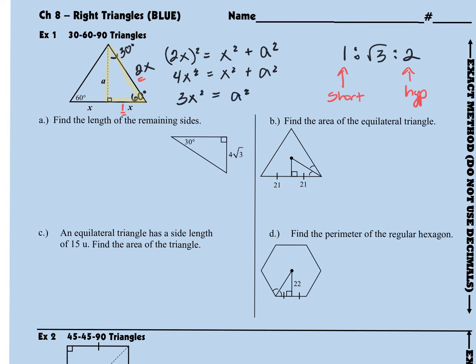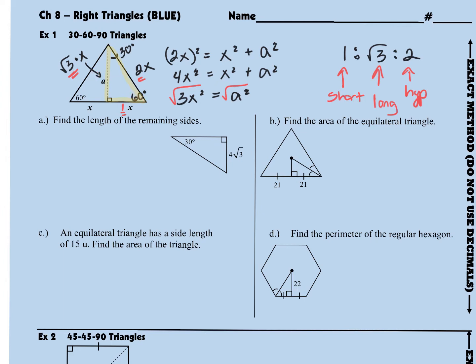Now I'm going to take the square root of each side, which means I can take the square root of 3 and the square root of x squared. So this a right here is the square root of 3 times x. And sure enough, there is the square root of 3 that we were looking for. That square root of 3 is now going to be associated with the long leg. Square root of 3 x is across from the 60 degrees, or the long leg.